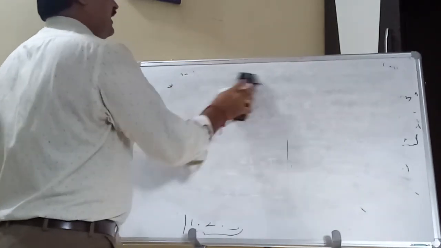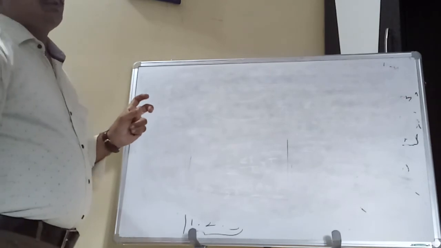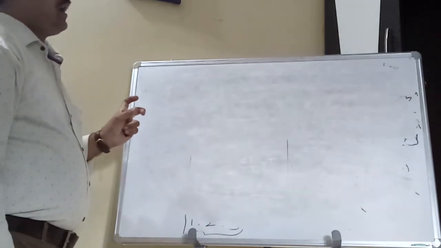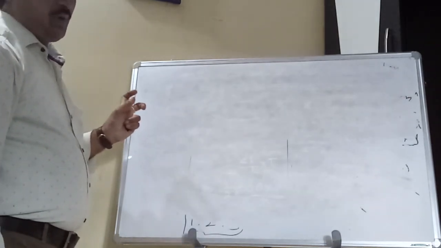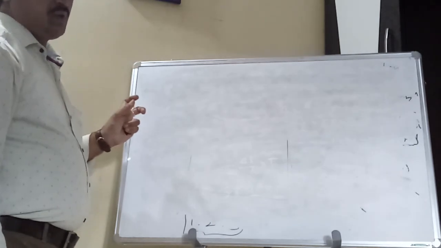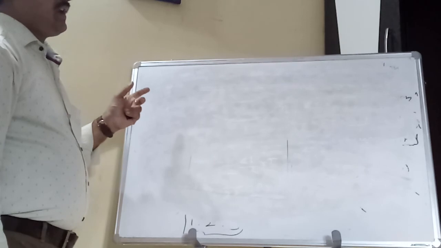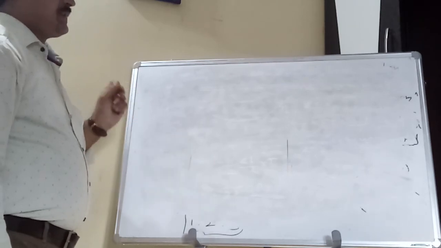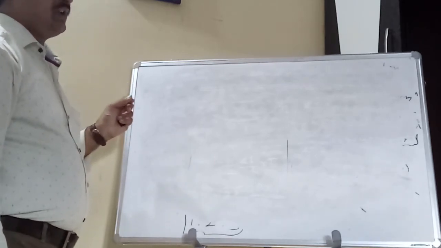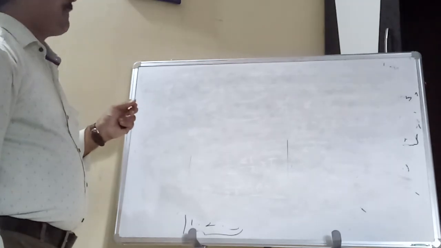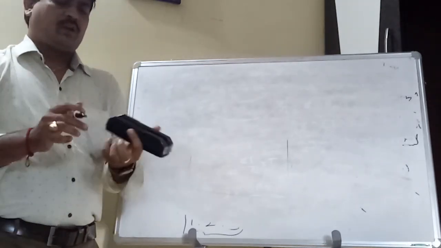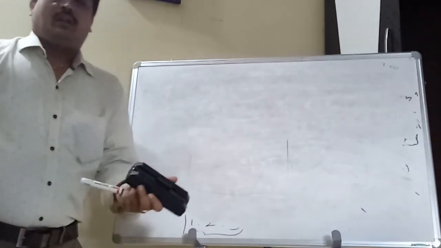Platinum is also used in the bulb. Platinum and glass have the same linear expansion. Invar has a low linear expansion. Okay, those are the applications of thermal expansion.